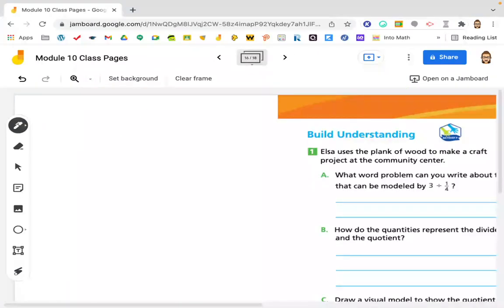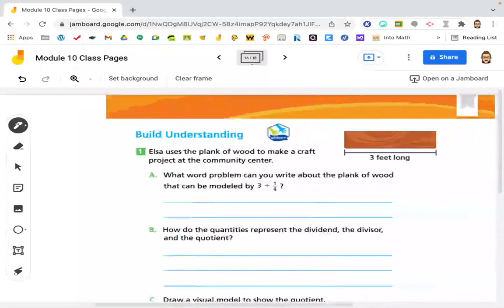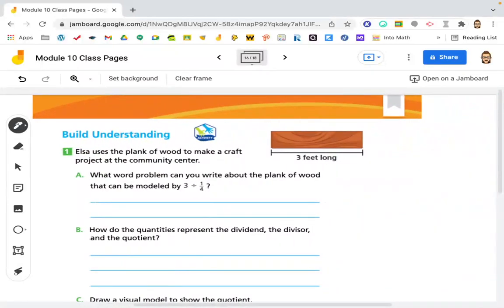Okay, our next page says Elsa uses the plank of wood to make a craft. So we have a 3-foot long plank of wood to make a craft project at the community center. What word problem can you write about the plank of wood that can be modeled by 3 divided by 1/4? Well, Elsa has a 3 feet long plank of wood.